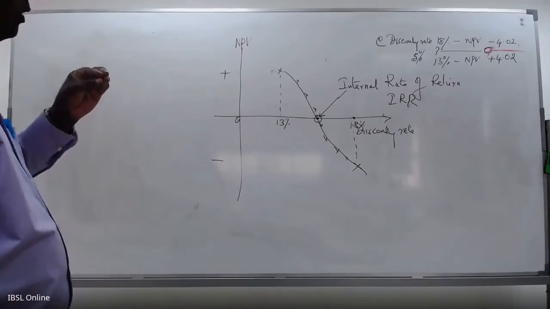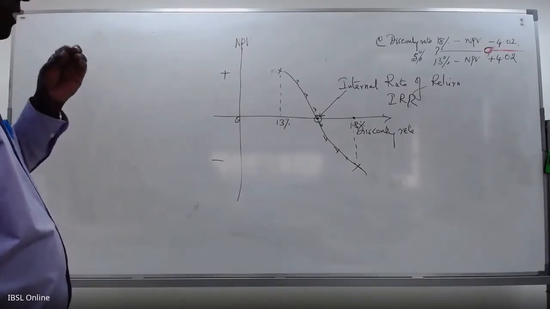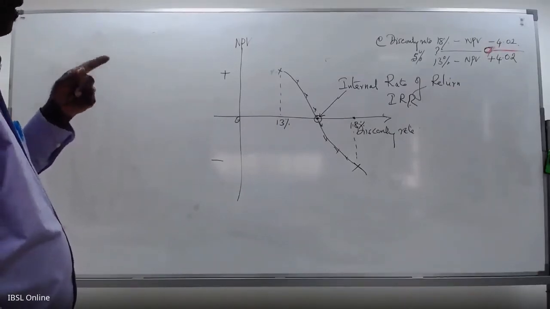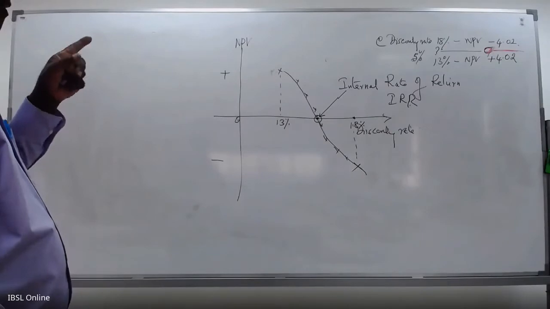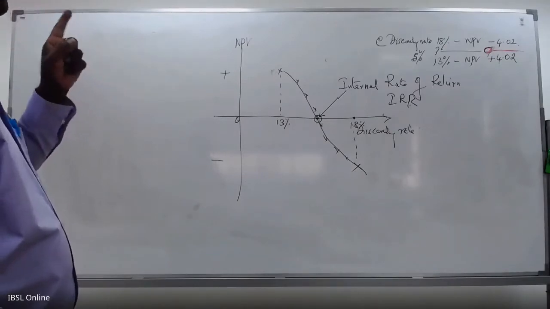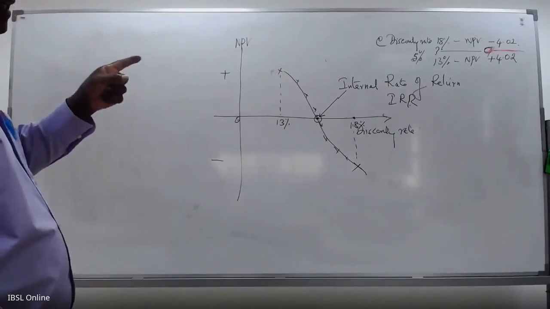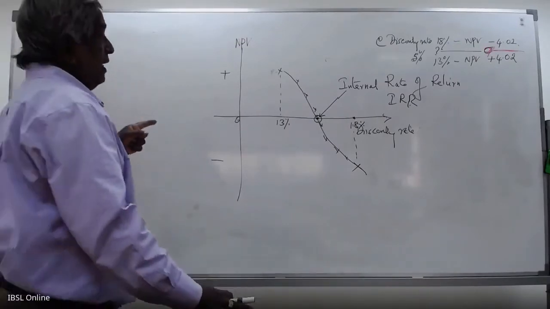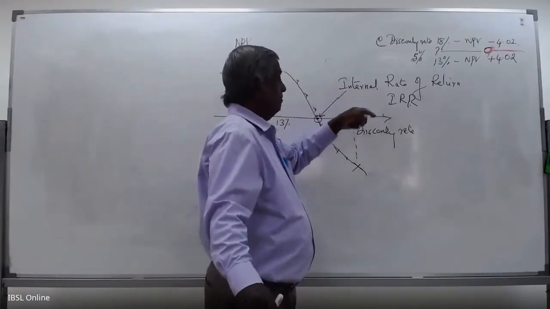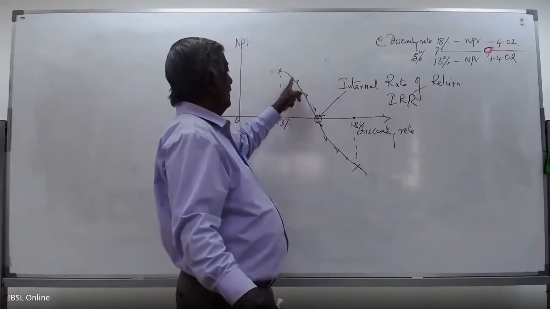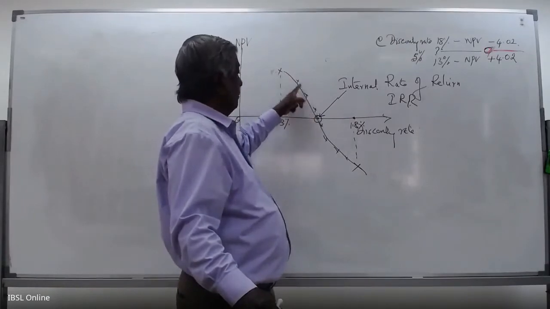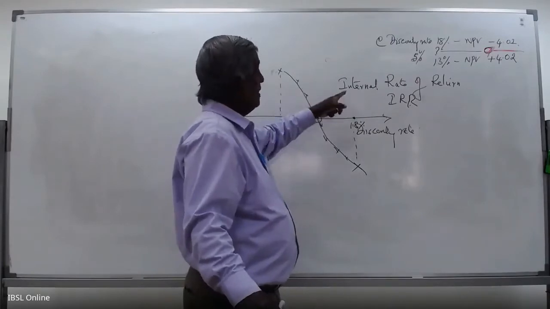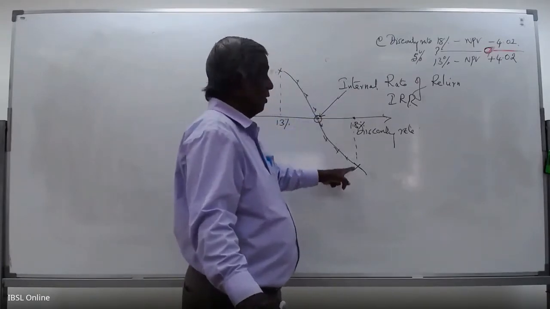When you do an investment and you are borrowing, your borrowing rate should be less than the IRR. Then only it will be profitable. If your borrowing rate is more than the IRR, then it is a loss.